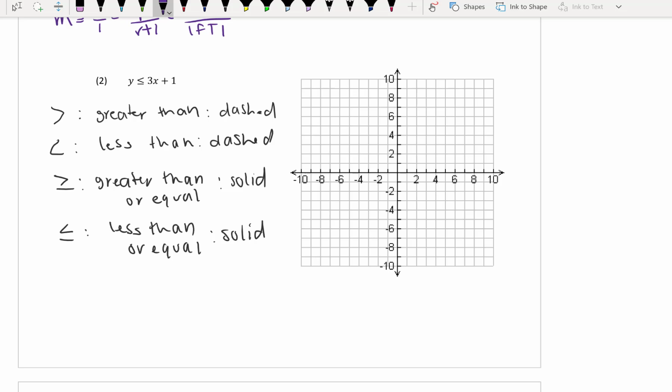So here I can see that my y-intercept is going to be 0, 1. So that is going to be my first point. My slope is equal to 3 over 1. So that's going to be up 3 to the right 1, or I could have gone down 3 to the left 1.